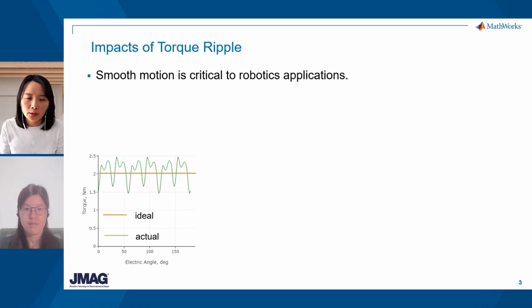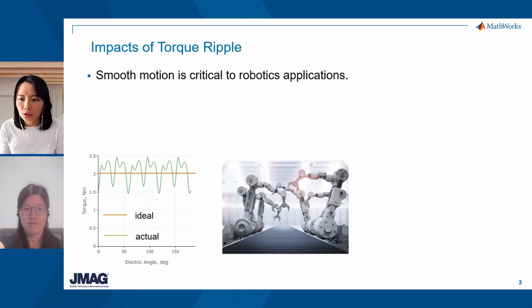When we talk with our customers across industries, how to deal with torque ripple is really critical. In robotics applications, smooth motion is always critical, so it's all about precise position control. But if we have torque ripple, it will make position control inaccurate and further impact the overall transmission line or conveyor control.